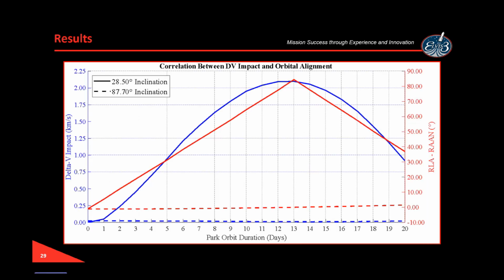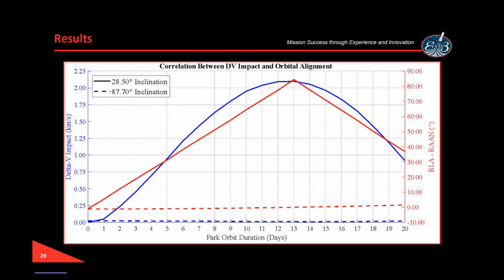So that's vastly better impact-wise. If we compare the two now, the solid line here is the 28.5-degree inclination case, and the dashed is that polar 87.7 degree. Let's first look at just total delta V. It's very obvious that this polar one is much better. The 28.5-degree case rises up to 2.1 kilometers per second or so, but the polar is hovering just above 0.